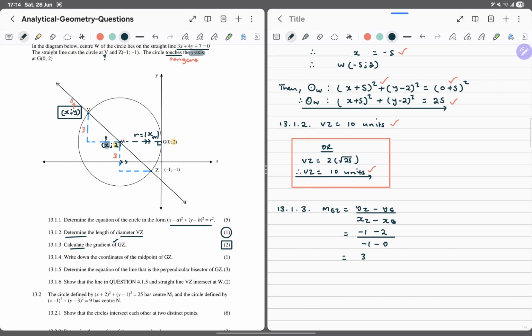This is effectively 3, right? Right. Great stuff. So marks are for the substitution and the answer.